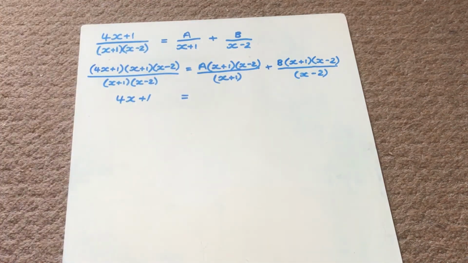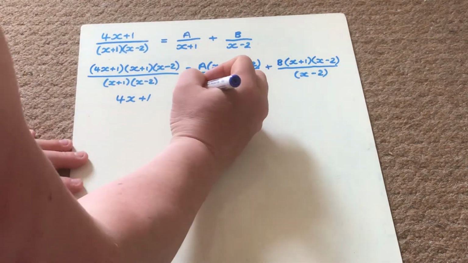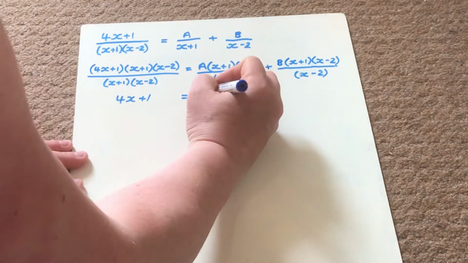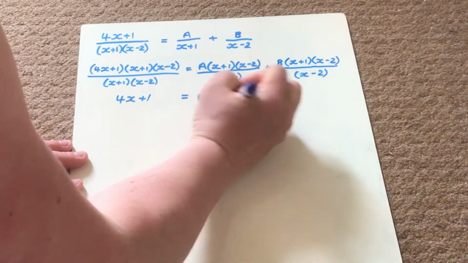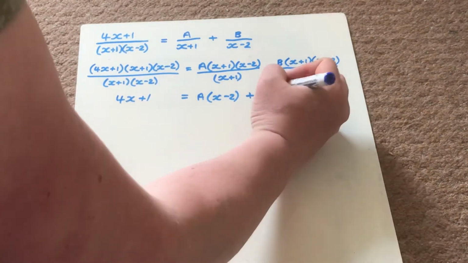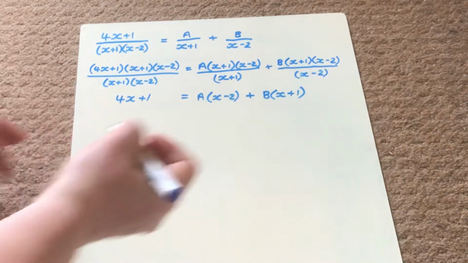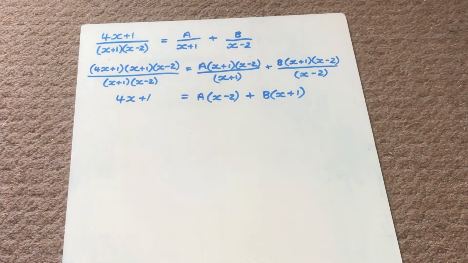In the next fraction, the one with the A in it, we can divide top and bottom by x plus 1. So that will leave us with the A and the x minus 2. Final fraction, we can divide top and bottom by x minus 2. So it'll leave us with the B, x plus 1. It's looking a lot simpler. We no longer have any fractions.